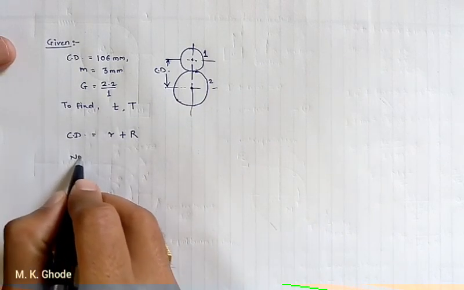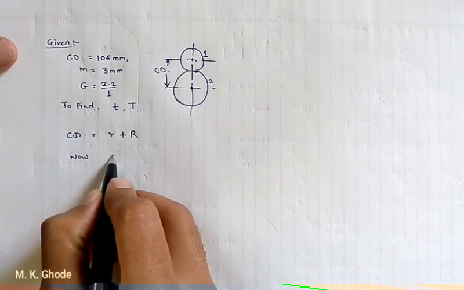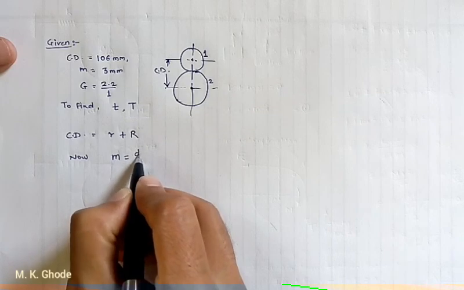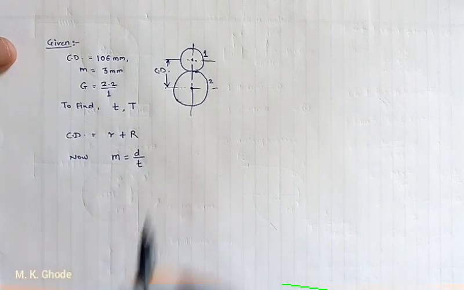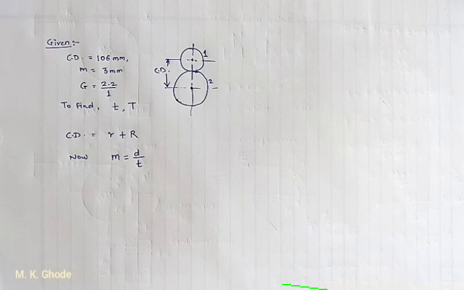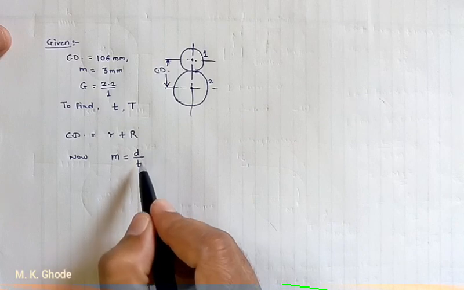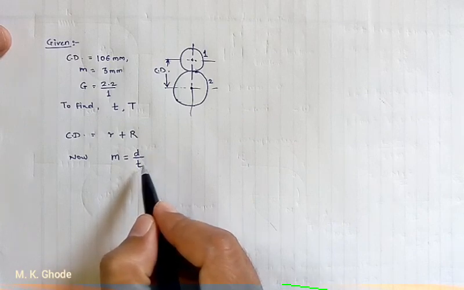Now we know that module m is equal to d by t for pinion. We have seen the definition of module. Module is the ratio of the pitch circle diameter of the pinion or gear upon the number of teeth on pinion or gear.